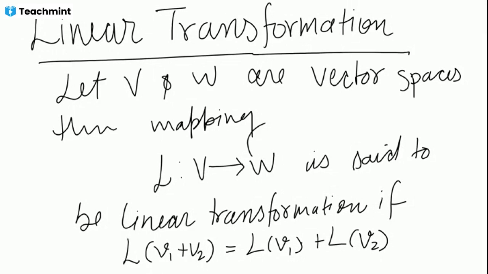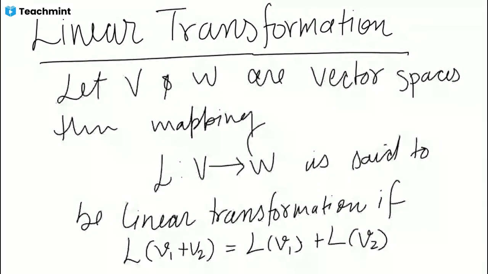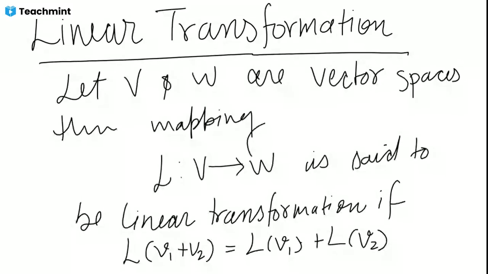So here in your examples, you can see 2.3.2. We have this matrix representation of linear transformation.